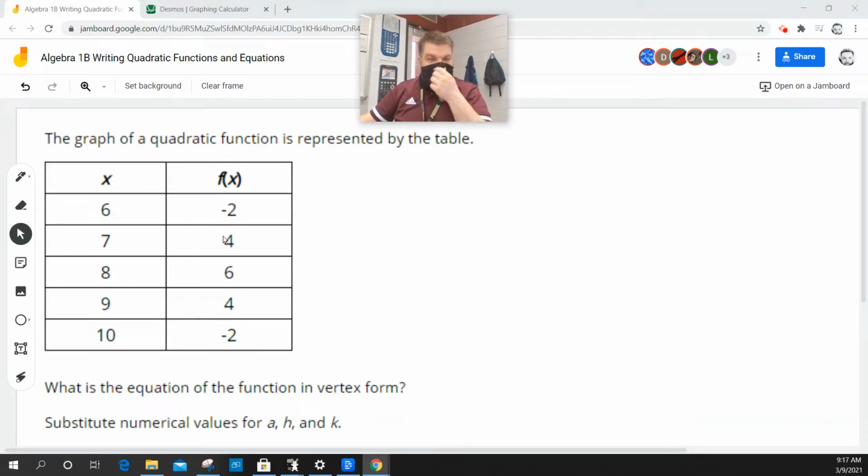All right, so this one says the graph of a function, the quadratic function, is represented in the table. What is the equation of the function in vertex form? So remember, the vertex form works like this.